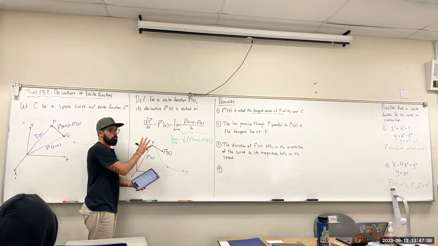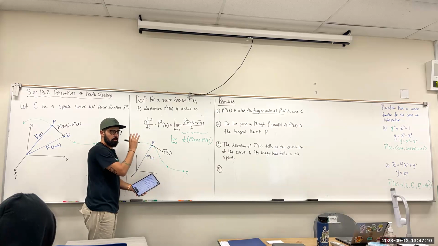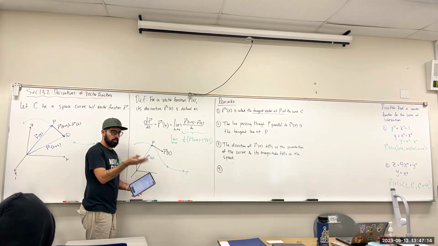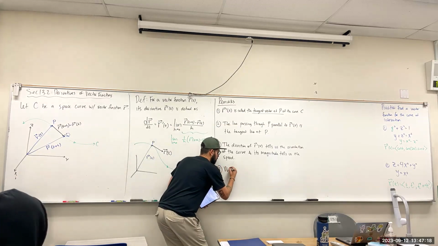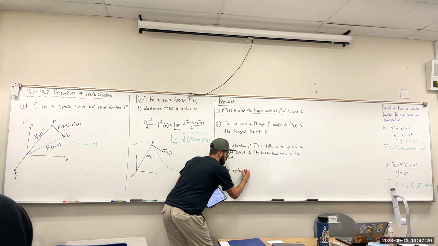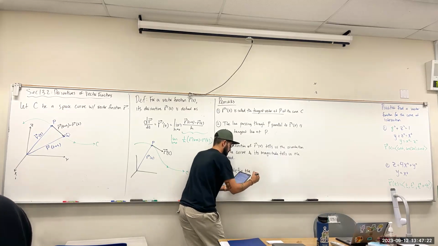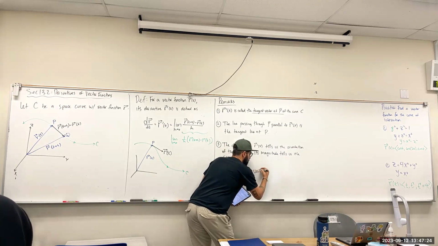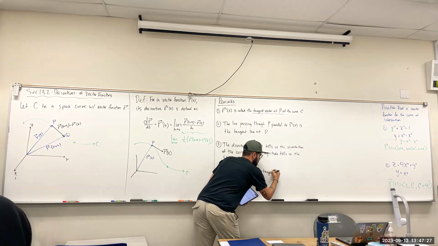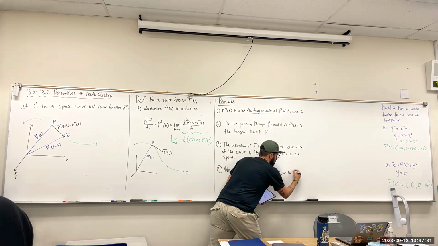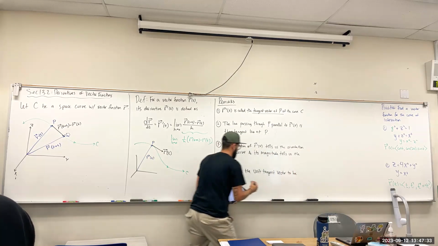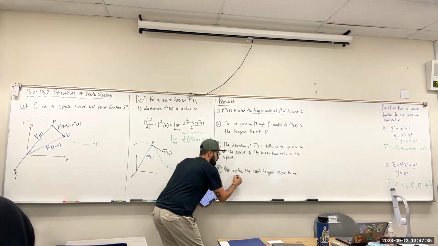If we want to ignore the speed or the magnitude, and we just care about the direction, we're going to normalize the vector. So we're going to take it divided by its magnitude. But that has a name. So we define the unit tangent vector to be, it's going to be special.